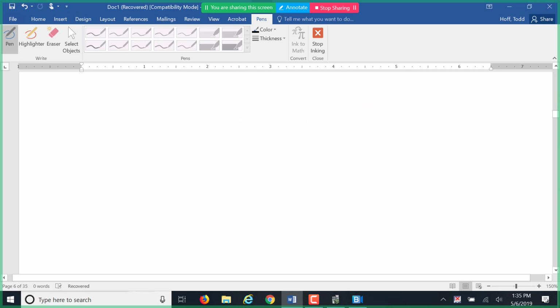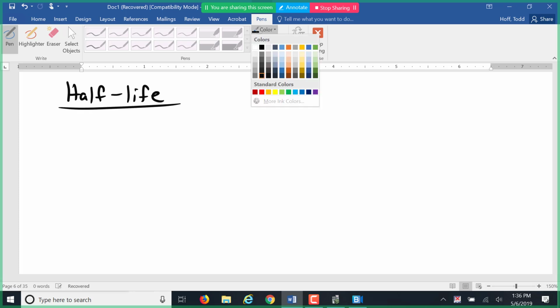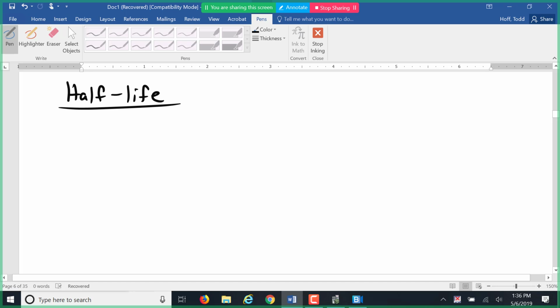Another application that you hear a lot about is something called a half-life. It used to be you heard half-life discussed with radioactivity.